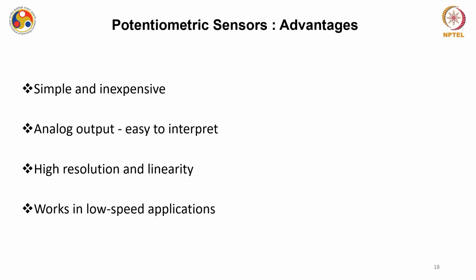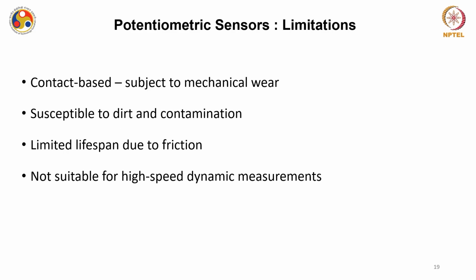These devices have high resolution and better linearity, and they work very well in low speed applications. These are certain advantages associated with potentiometric sensors, but there are also certain limitations. The first and important limitation is that they are contact based devices.